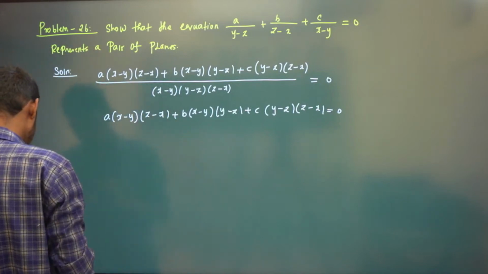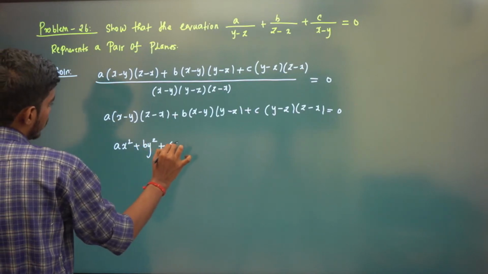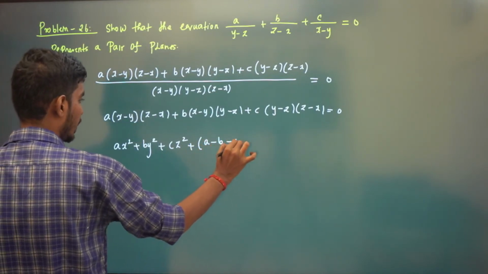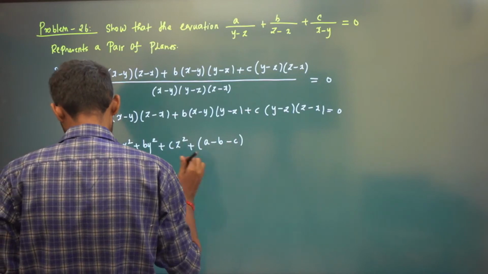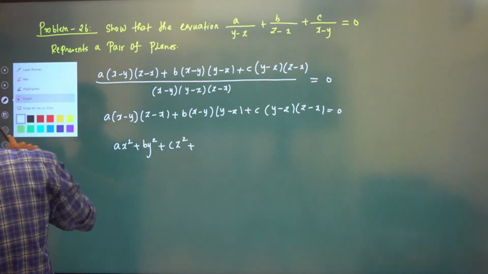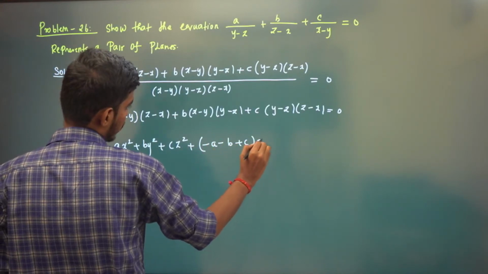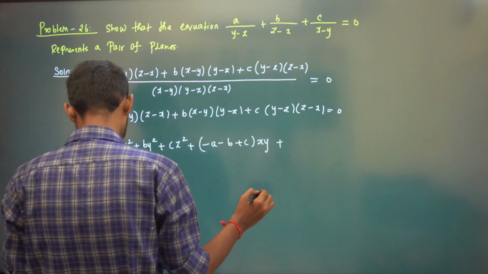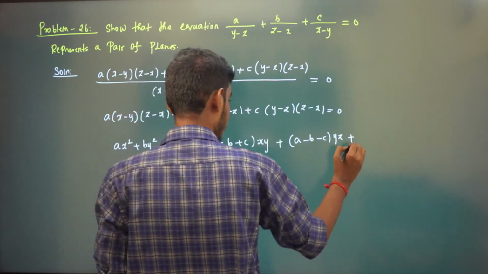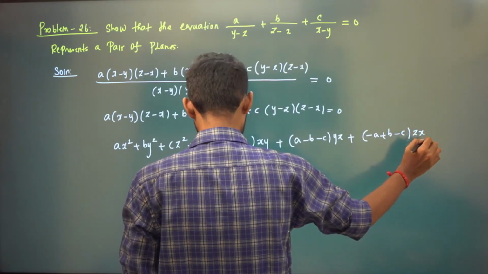Now multiply all this, you will get the equation as ax square plus by square plus cz square plus minus a minus b plus c xy plus a minus b minus c yz plus minus a plus b minus c zx equal to 0.